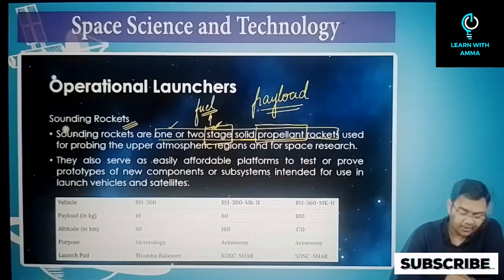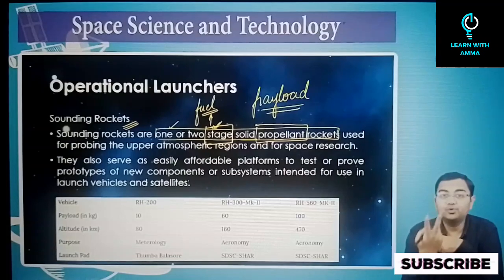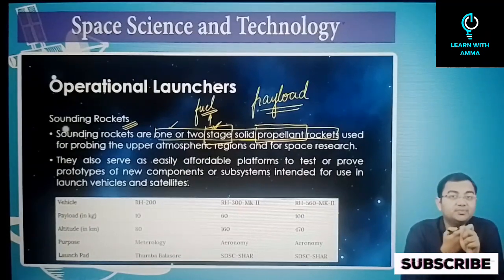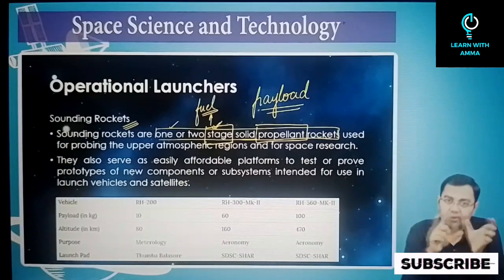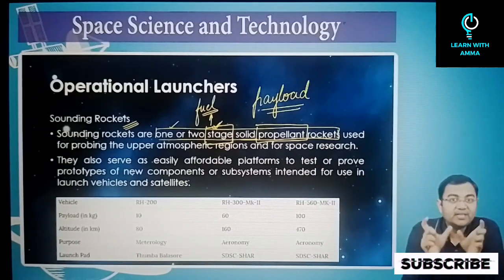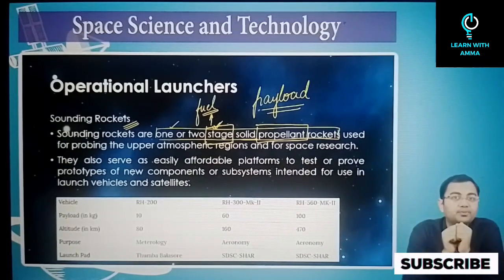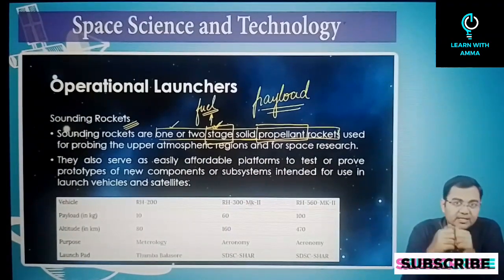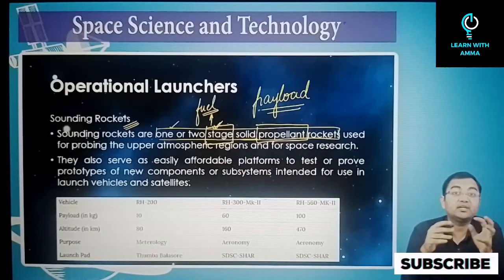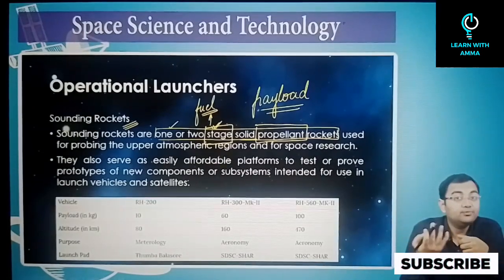When we say that a sounding rocket has one or two stages, one stage means that there is one compartment where the fuel is being stored, fuel along with its oxidizers. And when we say two stages, it means that there are two compartments where this fuel is being stored. Similarly, PSLV has four stages. What's the meaning of four stages?